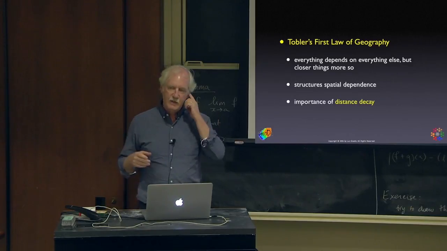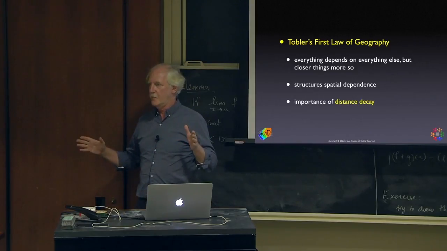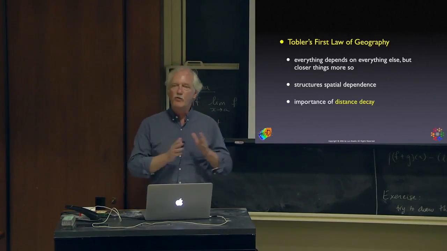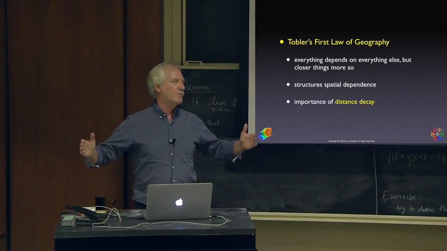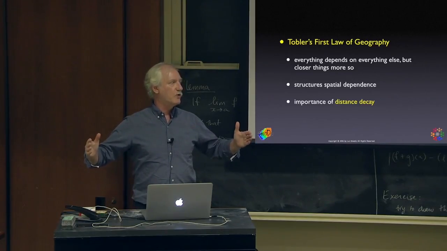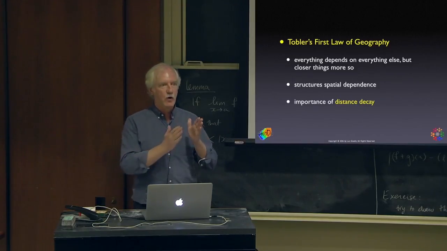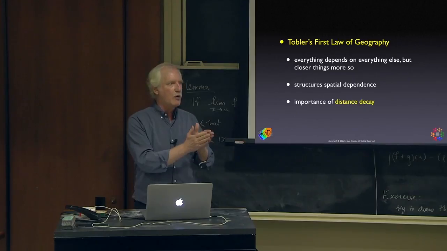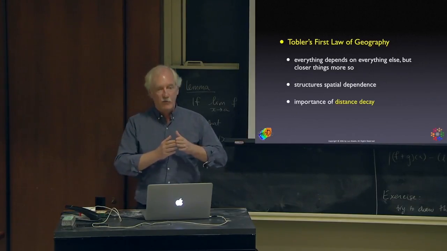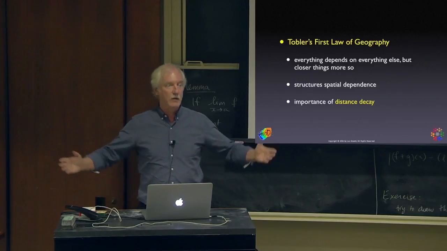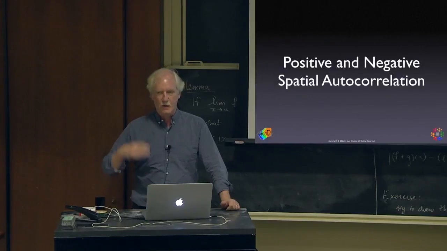So what is important in this is that there is a distance decay. In other words, if you move far enough away, there is no more correlation. There is a structure to the correlation that's related to a distance decay effect. So closer locations are more correlated. Further apart locations are less correlated. If you move far enough, they're not correlated. Right? So the importance of distance decay, we'll see that over and over again.